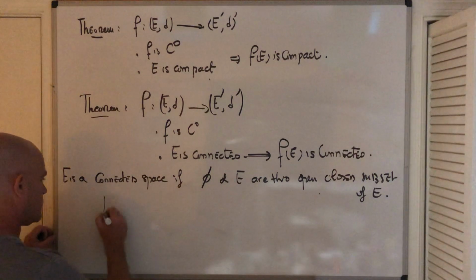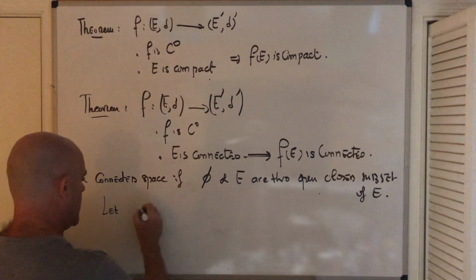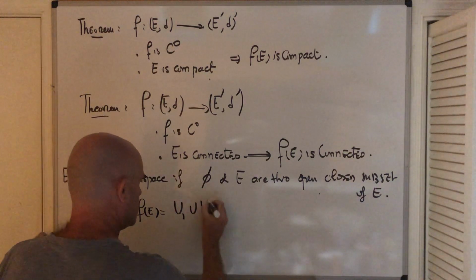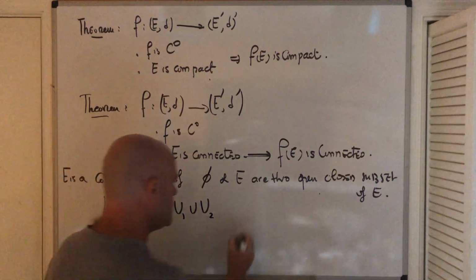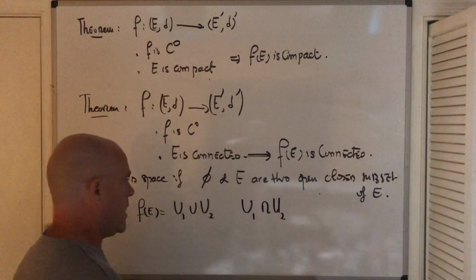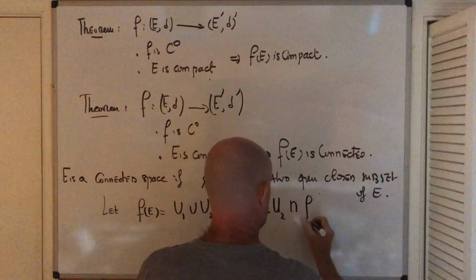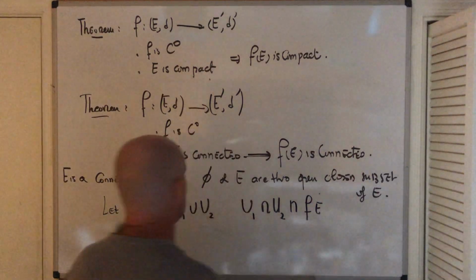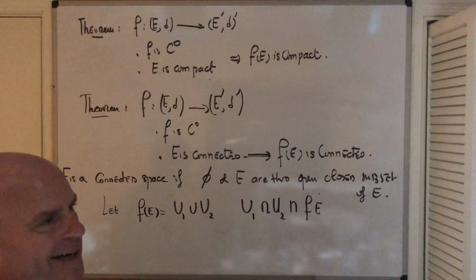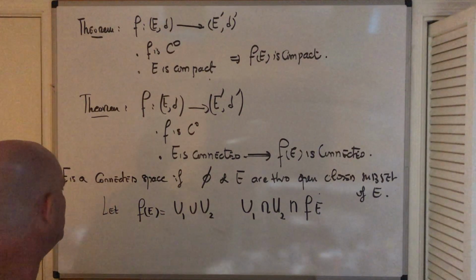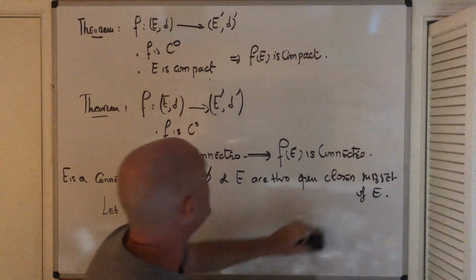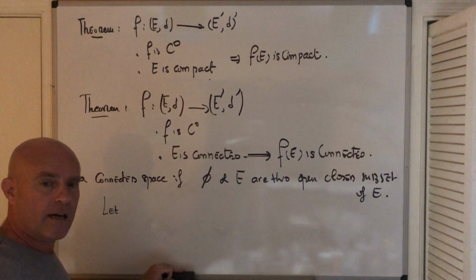So let f of E equal the union of two open sets, U1 and U2, such that U1 intersected with U2 intersected with f of E. Here I need to consider again the general definition of connected set, because f of E does not necessarily coincide with E prime.